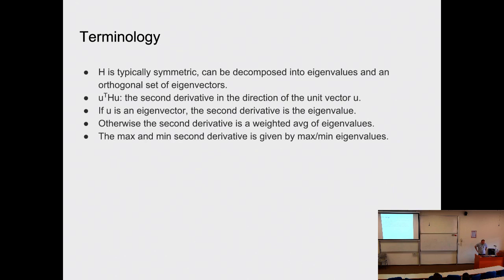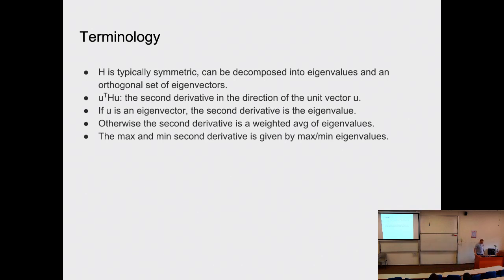Okay, so let's talk about Hessians again. Things to know about Hessians. Hessians are usually symmetric. Why? Because the derivative of f with respect to x1, x2 is the same as the derivative with respect to x2, x1. So it's a symmetric matrix.